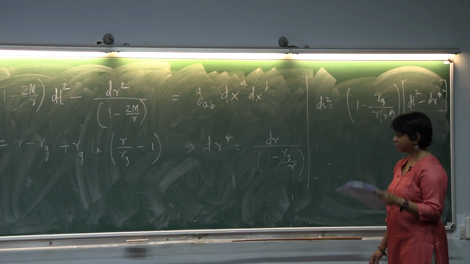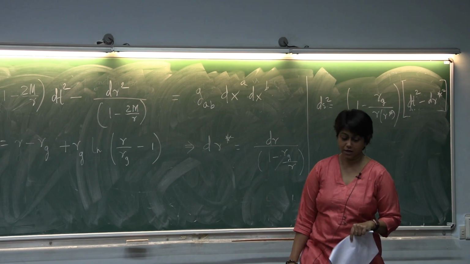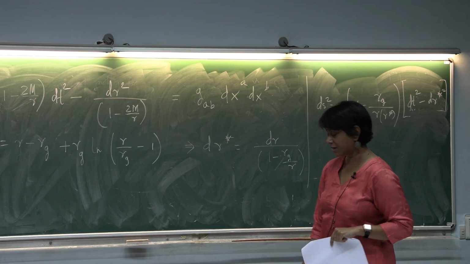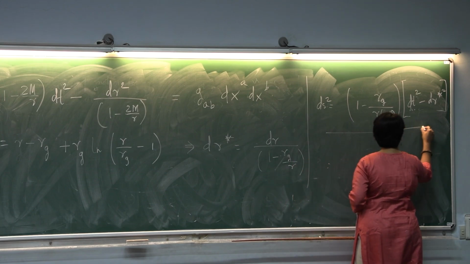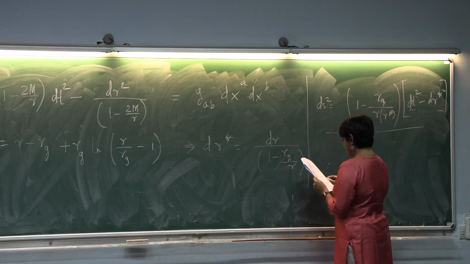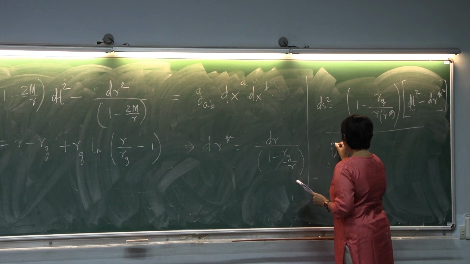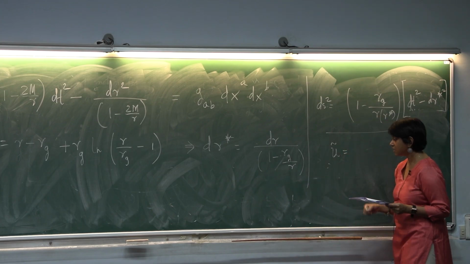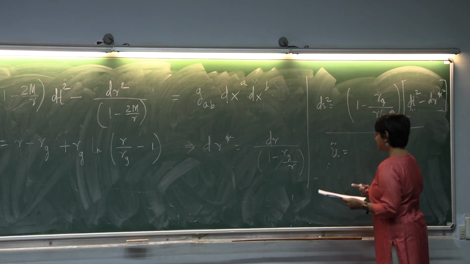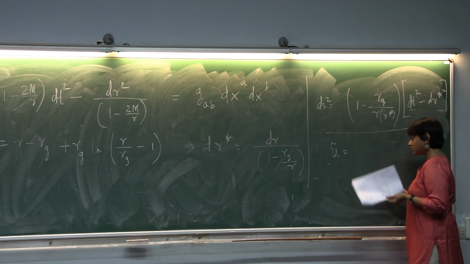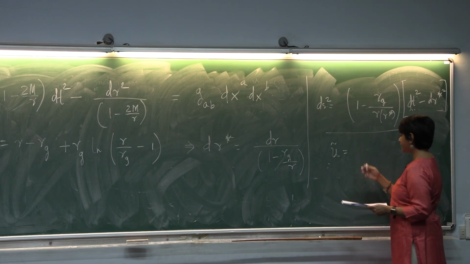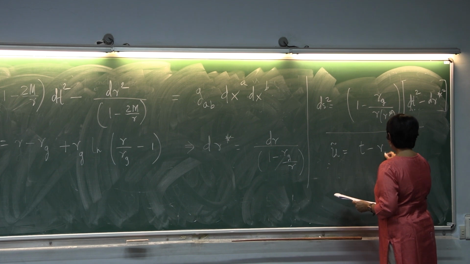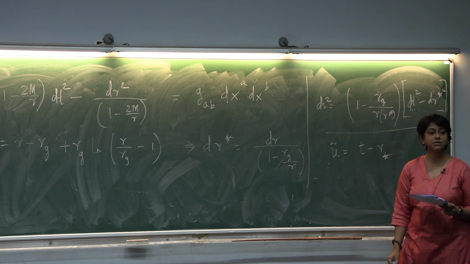Then, with the help of this r star, we build another coordinate system. The next coordinate transformation is u tilde. We always take these u and v as null coordinates, or light cone coordinates. With the help of the tortoise coordinate, u tilde becomes t minus r star, not t minus r.